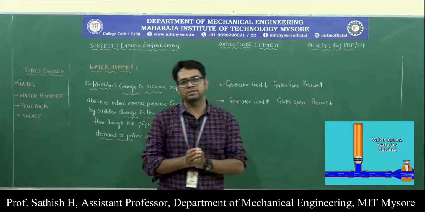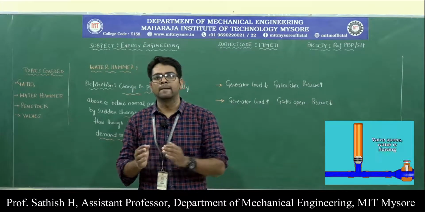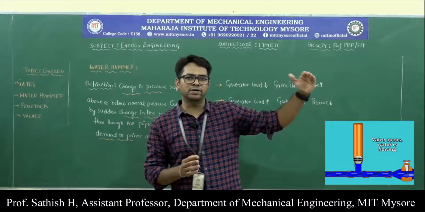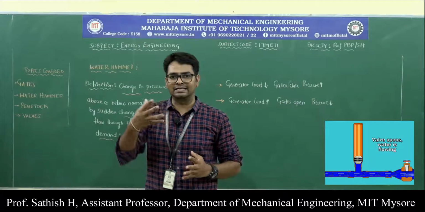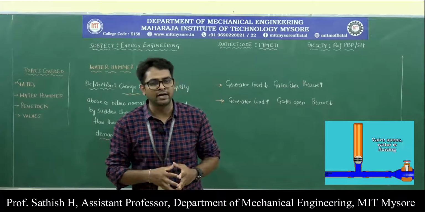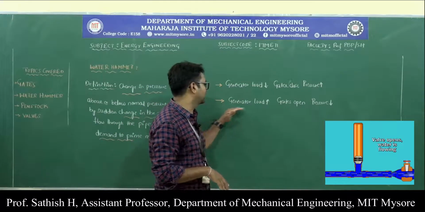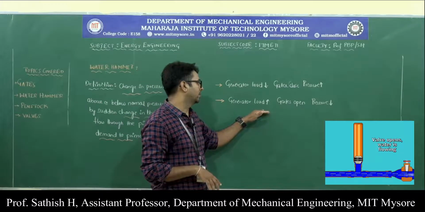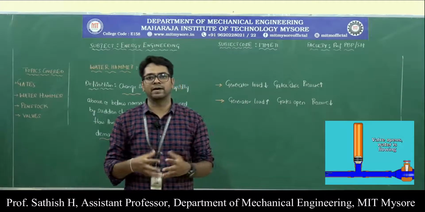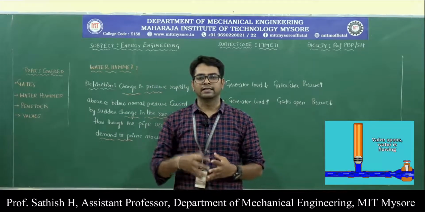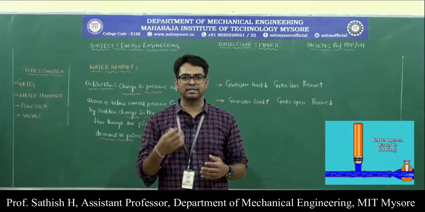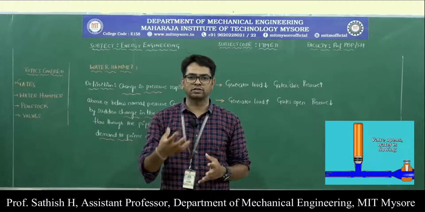So when the gates are closed, the pressure on the upstream side increases above the normal pressure. Now take the second condition, where the generator load increases. That means when the demand for electricity is more, the load on the generator increases, and we need a lot of water onto the turbine.